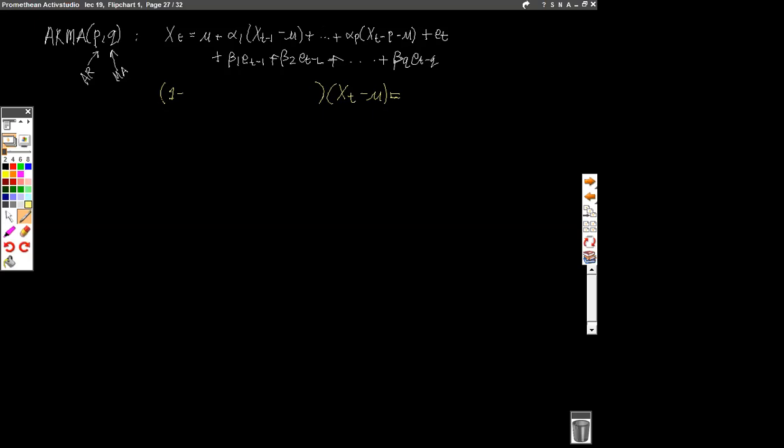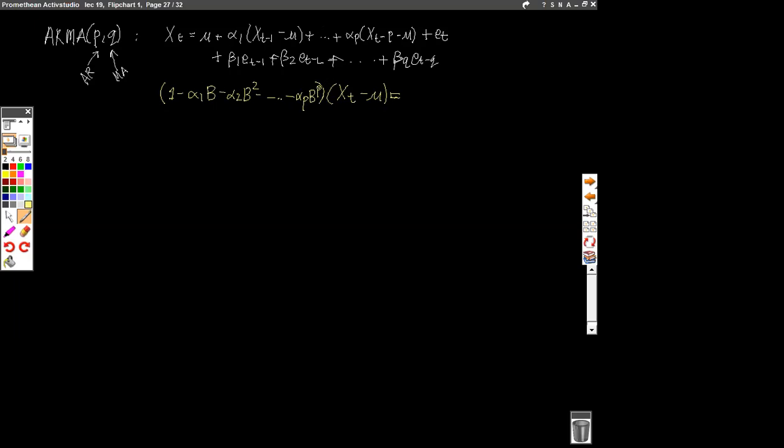I'll have 1 minus alpha_1 B minus alpha_2 B squared till alpha_p B raised to p.